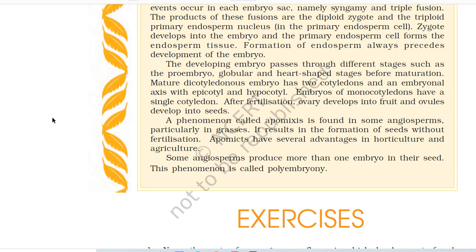A phenomenon called apomixis is found in some angiosperms, particularly in grasses. It results in the formation of seeds without fertilization. Apomixis has several advantages in horticulture and agriculture. Some angiosperms produce more than one embryo in the seed. This phenomenon is called polyembryony.